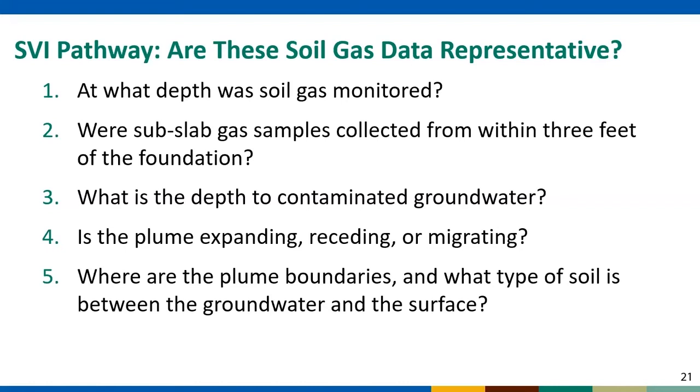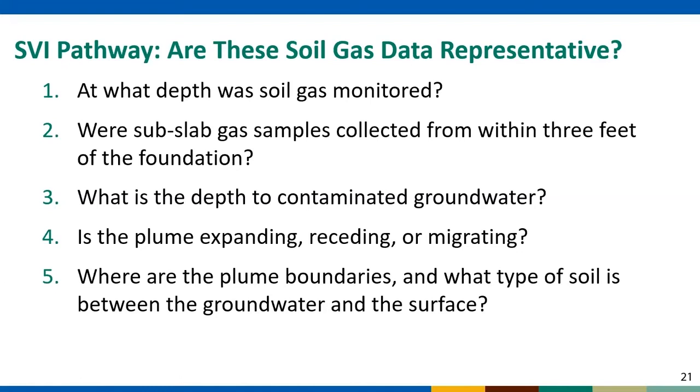So first, for this site, the plume is 9 to 15 feet deep and is migrating to the northeast toward occupied buildings. And ATSDR evaluates the potential for the SVI pathway if a contaminated groundwater plume runs in subsurface soil within at least 100 feet laterally or vertically of occupied buildings such as homes.